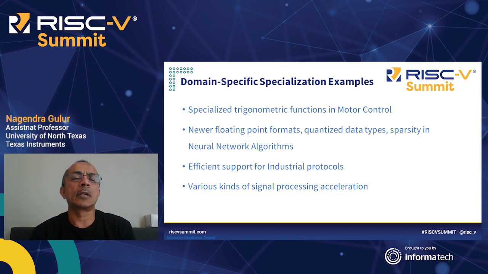All of these things bring some newer requirements for data processing. Efficient support for industrial protocols is another. And finally, last but not least, we've had several signal processing acceleration examples like speech, audio, and video, where lots of different standards have emerged, and some have certainly been accelerated through specialization techniques.